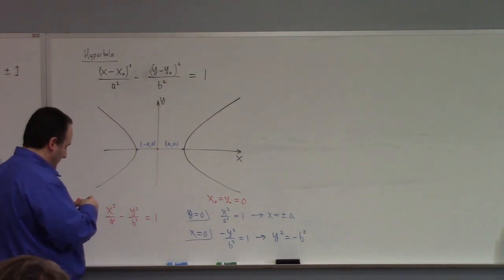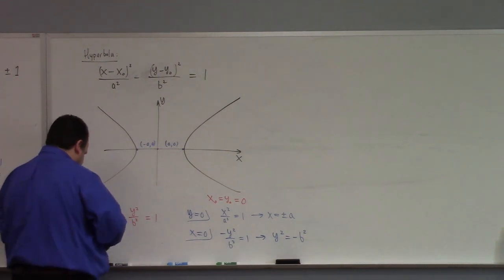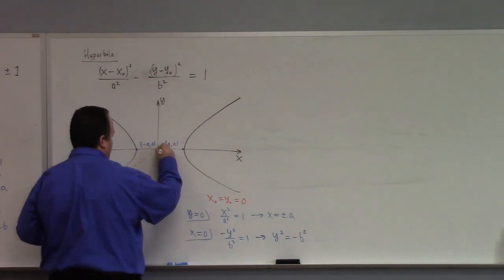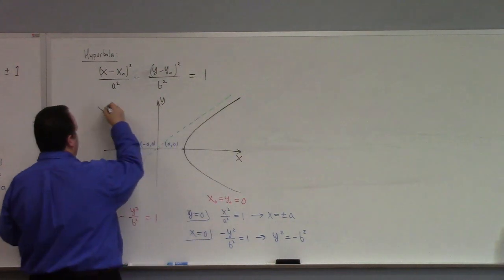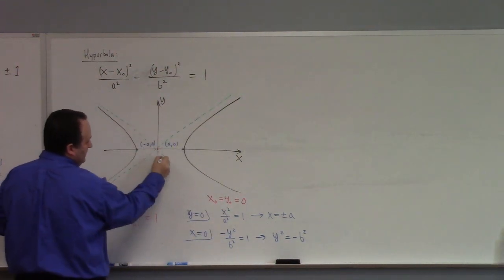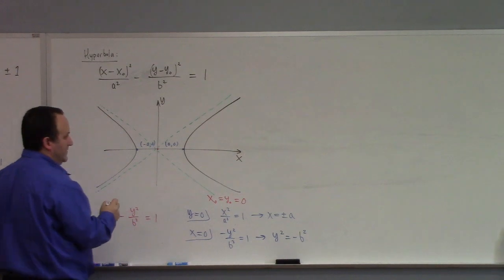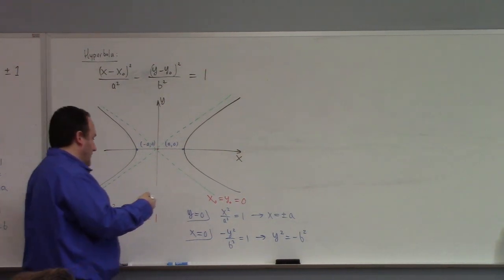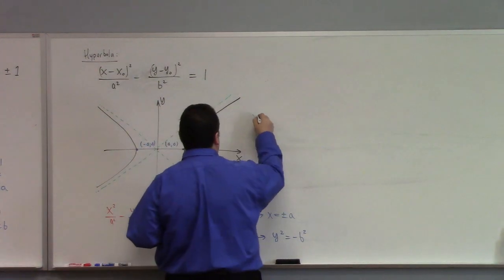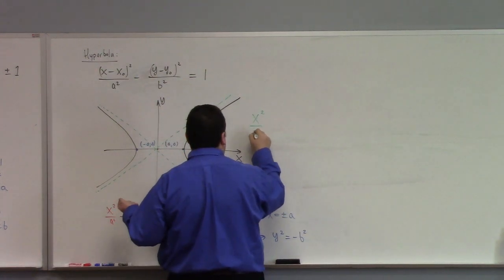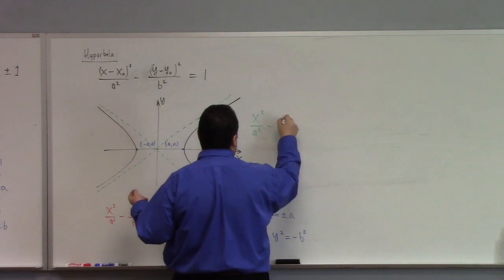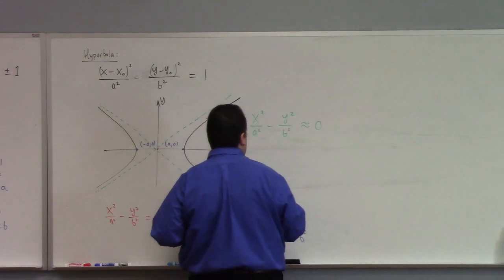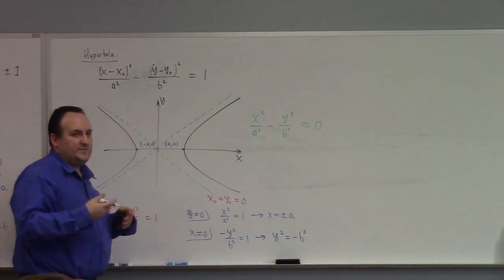All right? And it has what are called asymptotes. And the asymptotes are like this. They go through the center, which in this case is the origin, but generally speaking, it would be at another point. How do you figure out the equations of the asymptotes? Well, essentially, to find the equations of the asymptotes, you can look at x squared over a squared minus y squared over b squared being approximately equal to 0. Let me explain the logic of that.